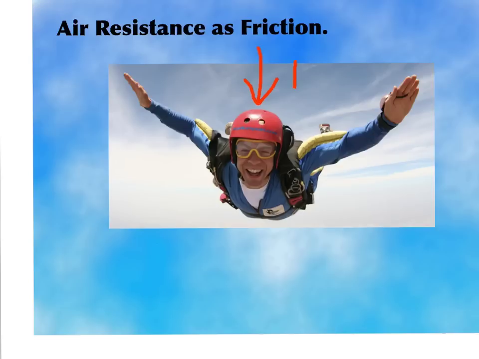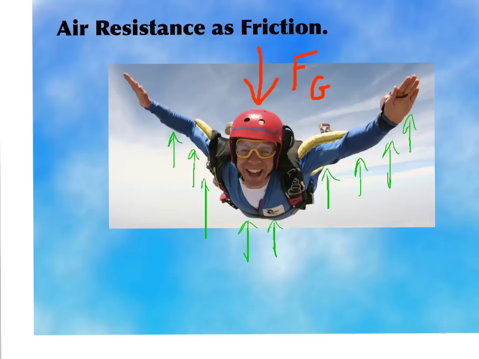That's F sub G. But he also has all of these small particles of air, I'm going to draw this with a really thin line here, that are pushing against him. And this is the air resistance force.